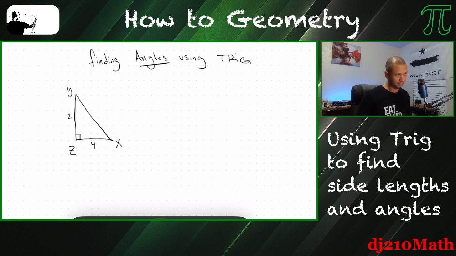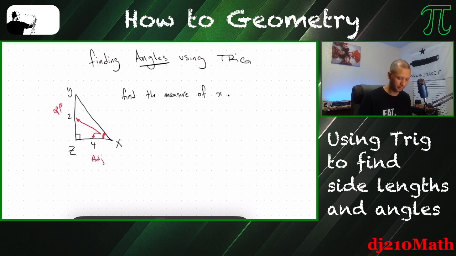All right, we're given a triangle and we want to find the measure of x. So we don't know what x is. However, what we do know, since x is located where it is, and the information we're given, the side lengths 2 and 4, in relationship to x, 2 is opposite and 4 is adjacent.